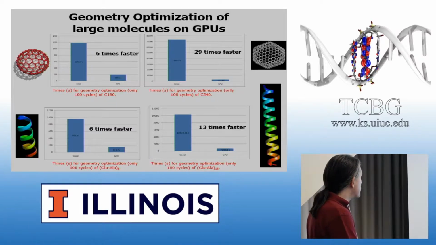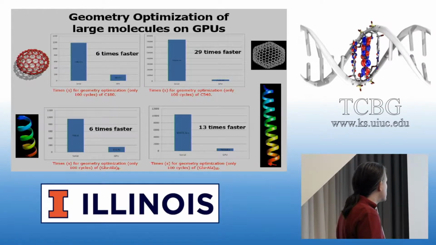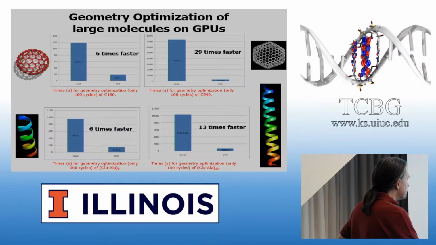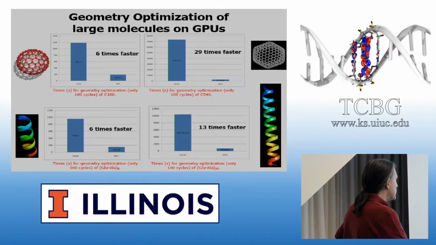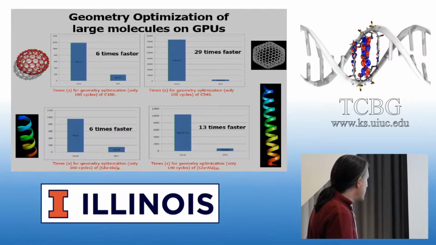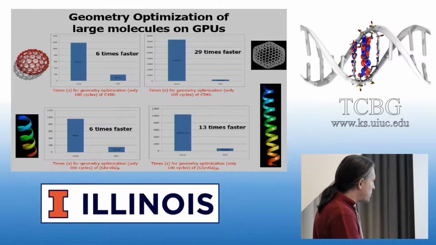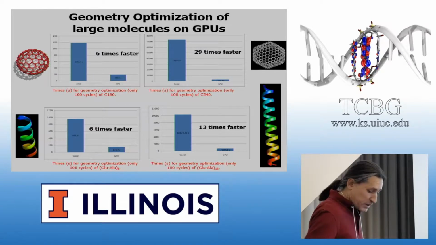When you have a system like that, I think it's a fullerene, 60 atoms, if you consider the largest system, you have a higher speed up. The same thing happened with the small polypeptides, they become faster.